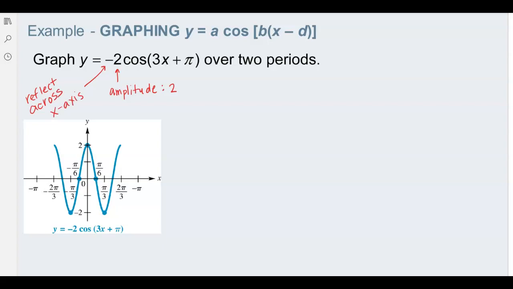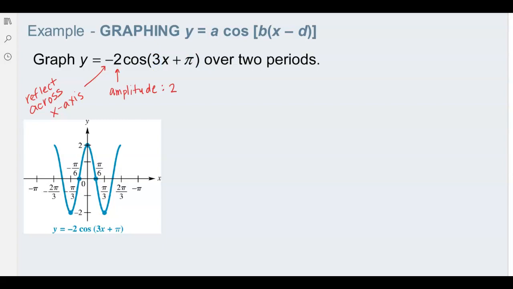Okay. Now, when you have a number that's multiplied in front of the x, that changes the period. And it also is going to affect the potential phase shift. So what we need to do before we consider both of these is we actually need to factor that out.